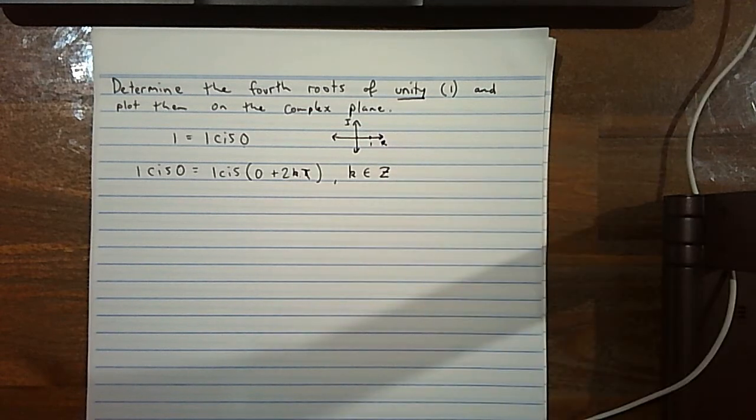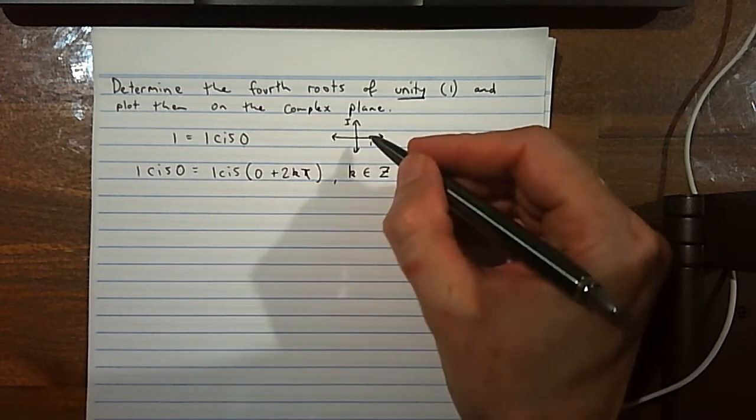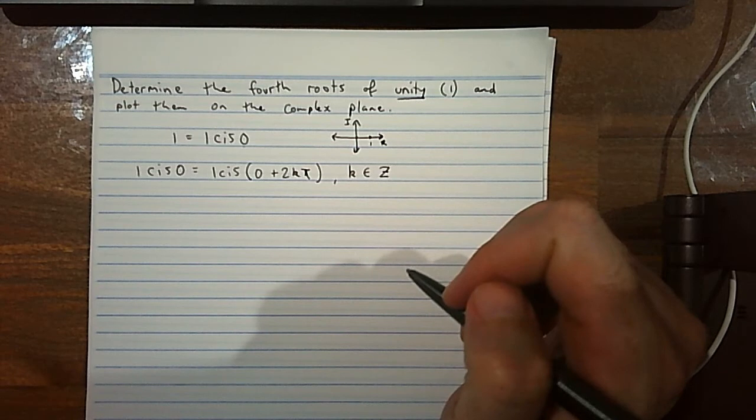So k can be 0, 1, 2, 3, 4, 5, 6, or it could be -1, -2, -3, -4. There's a range of different values that k could be, and it would still always give us that same value of 1.